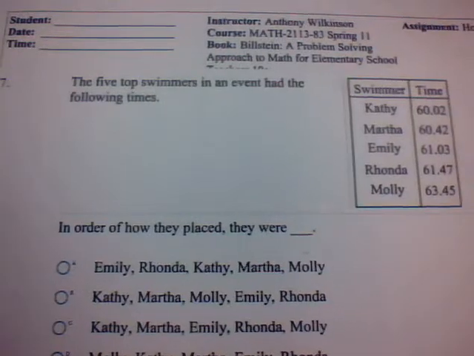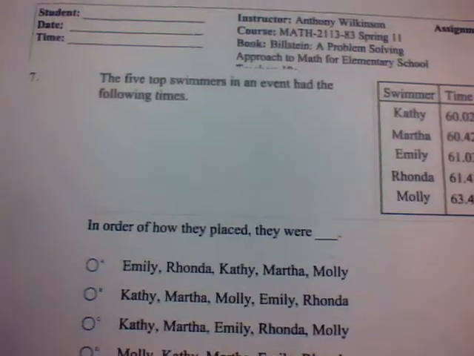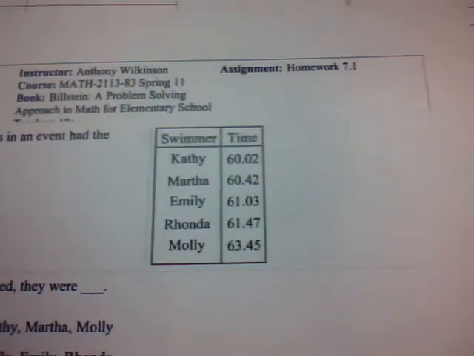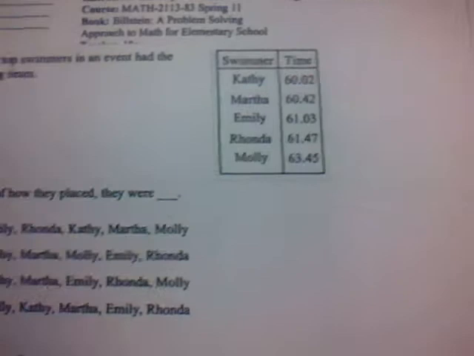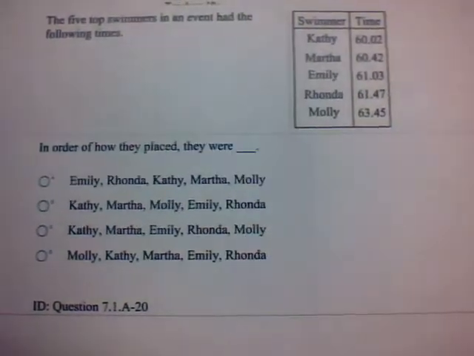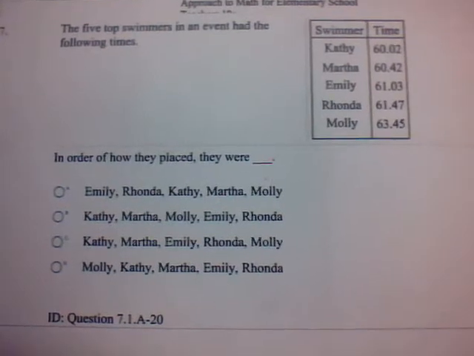And finally, number 7, the 5 top swimmers in an event had the following times. And here's the table here that we'll be looking at for the 5 swimmers. And in this case here, we want to put in order how they were placed.